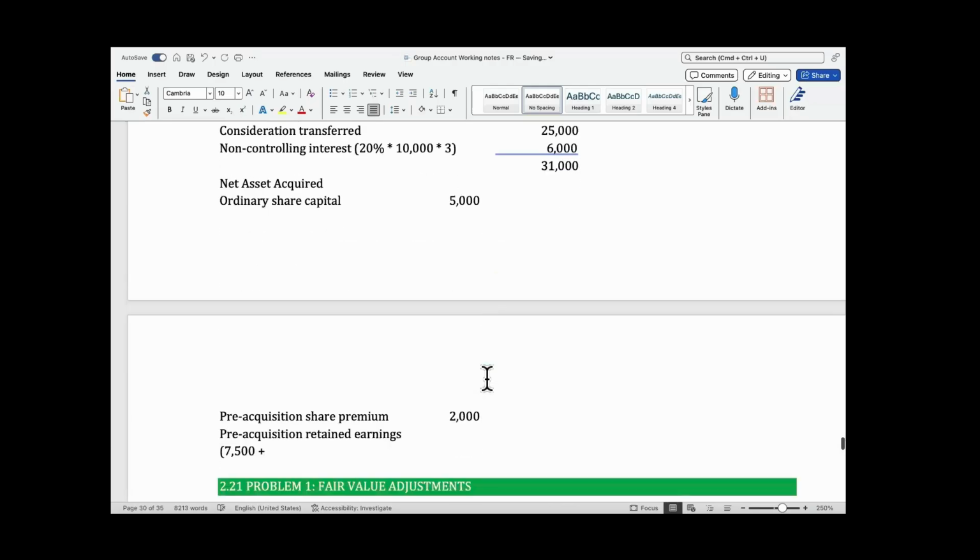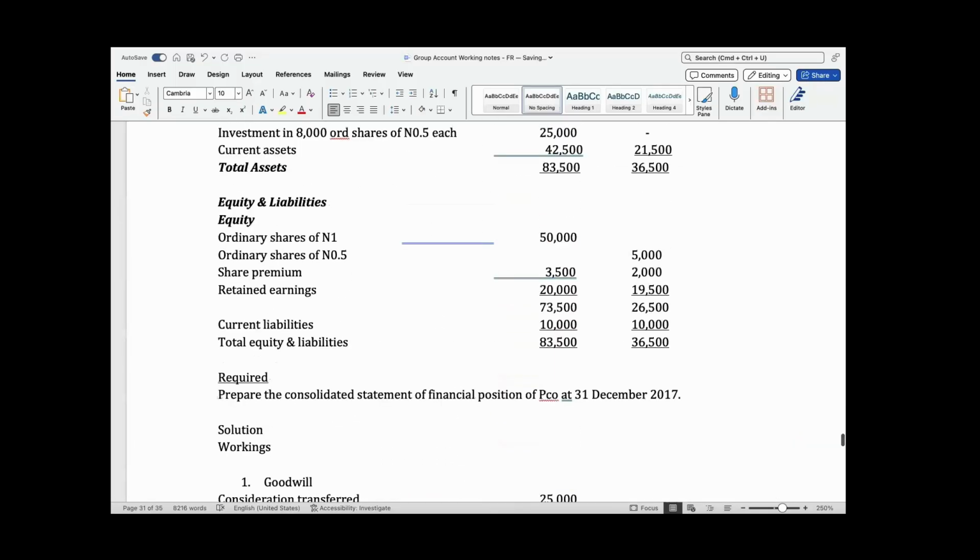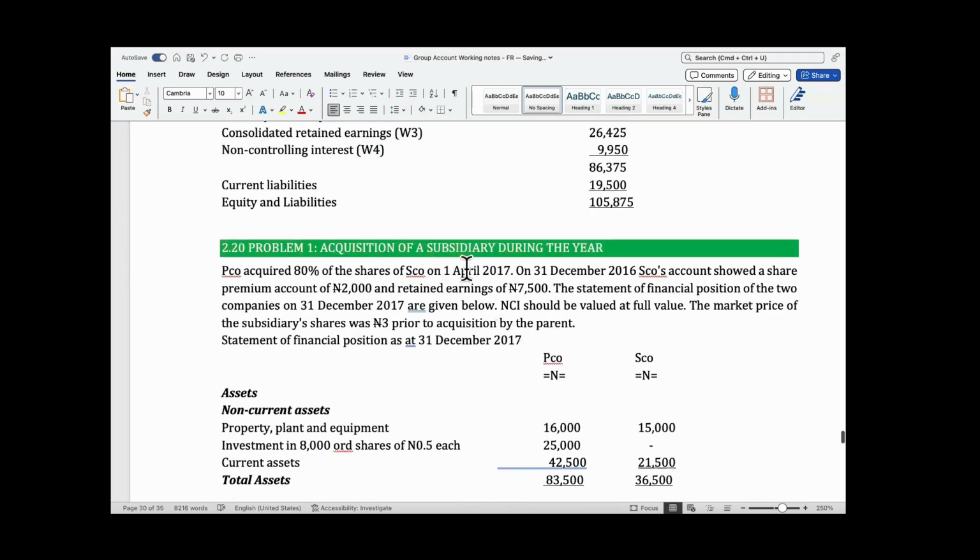That's 3 months, so that 12,000 is for the year. I'll take just 3 months of that 12,000, which relates to January to 1st of April, and that will give me my pre-acquisition retained earnings as at April.